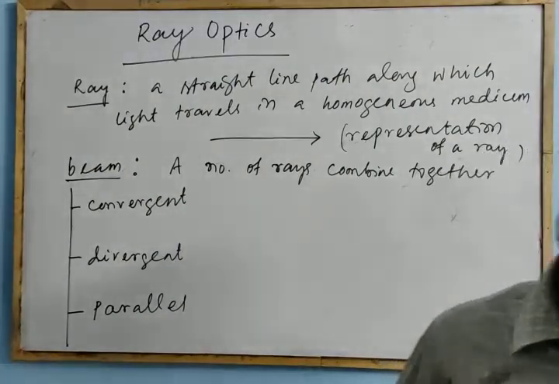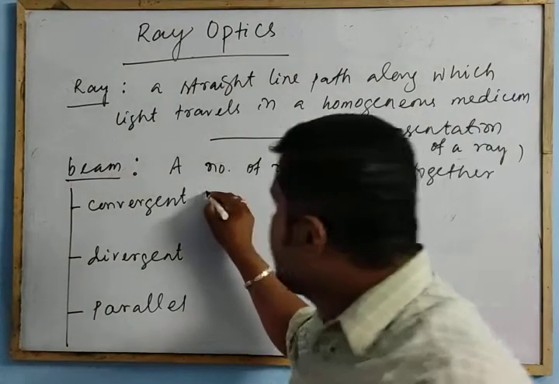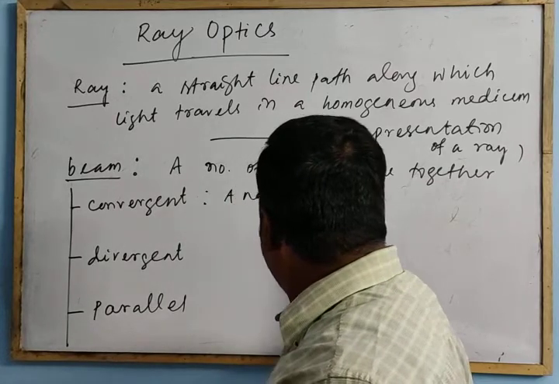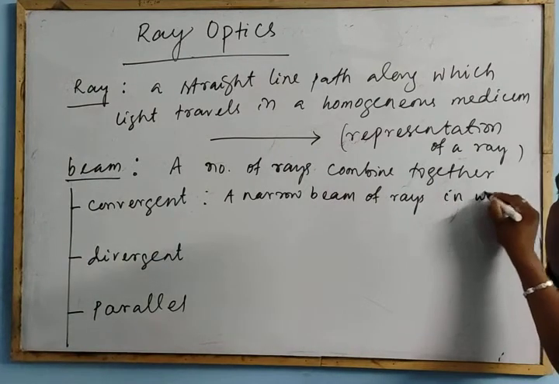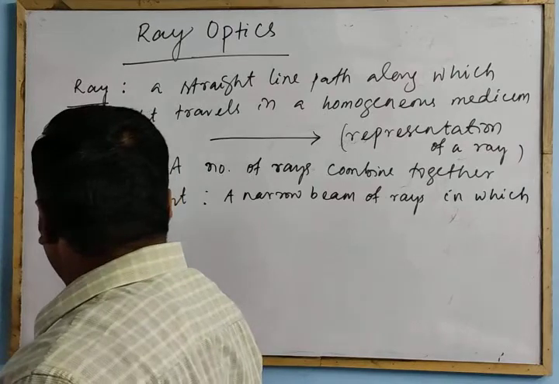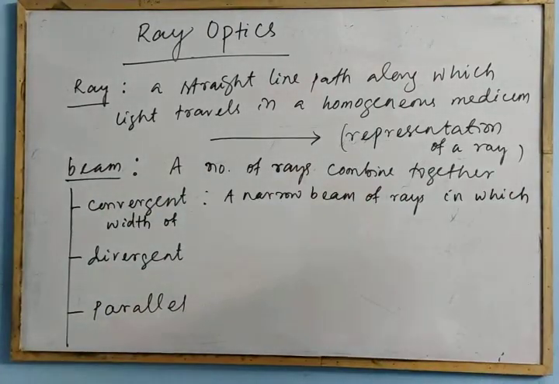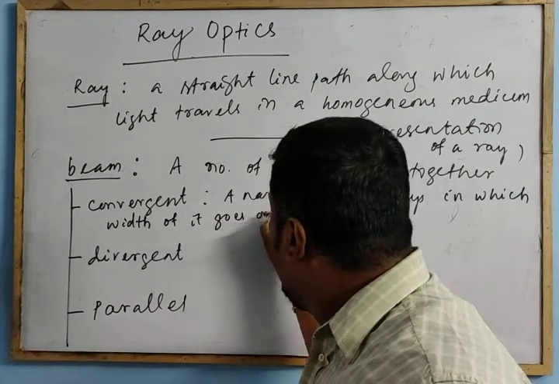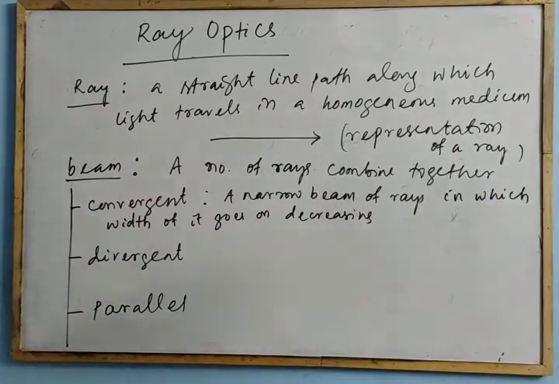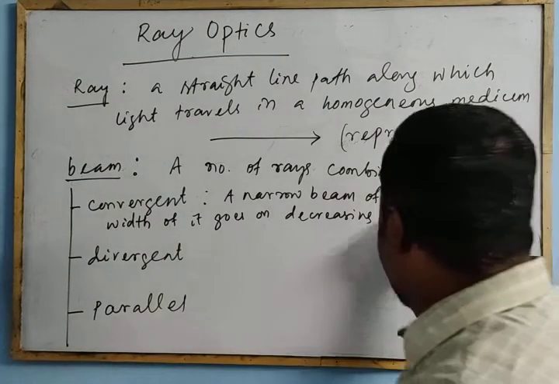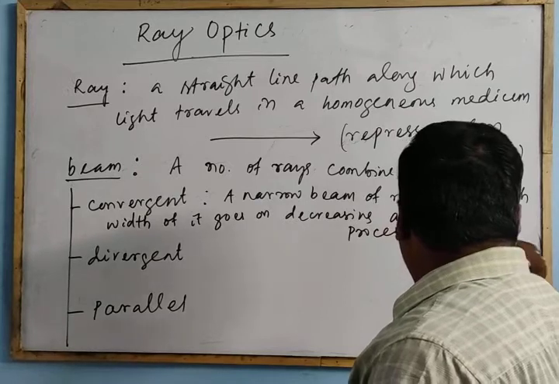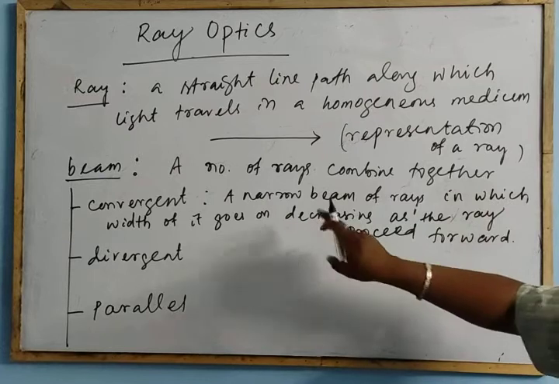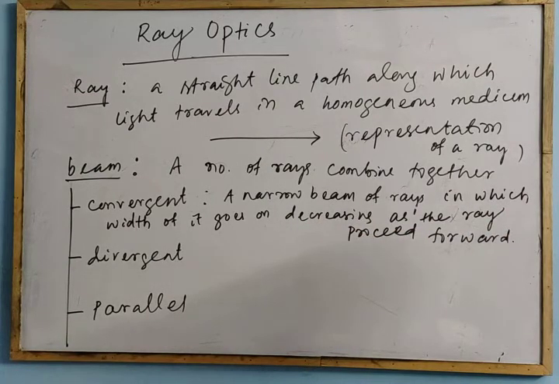Remember, the convergent beam is a narrow beam of rays in which the width goes on decreasing as the rays proceed forward, which means it converges.